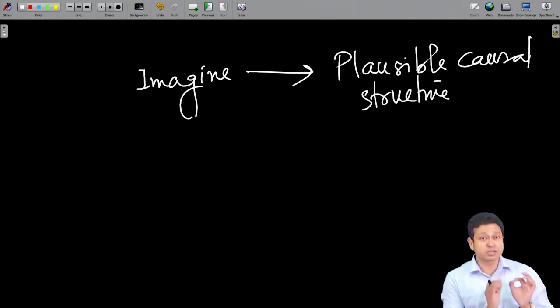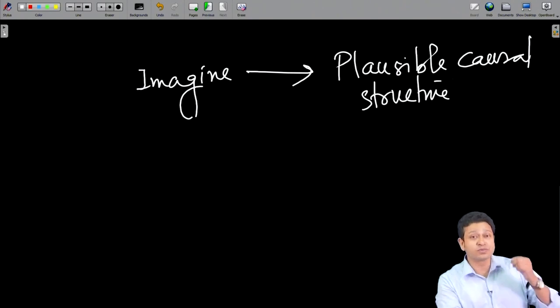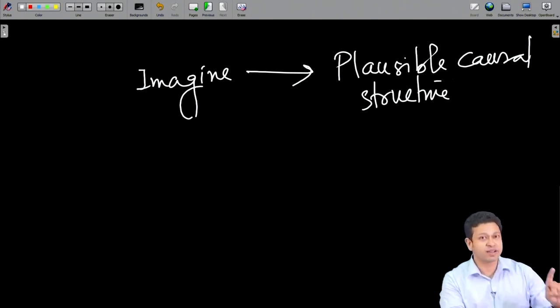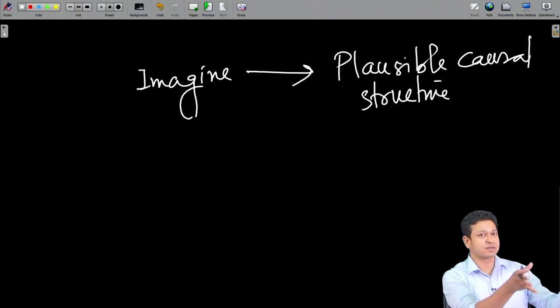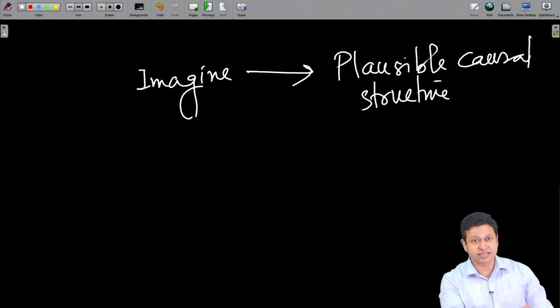The moment we have these plausible causal structures, we then try to understand what for a fact will lead from x to y. So, I know that if I plant the seed somewhere else, for a fact I can see the plant somewhere else, right. It is not that the seed has to be planted under the tree, it can go somewhere else and still I can get the same tree.